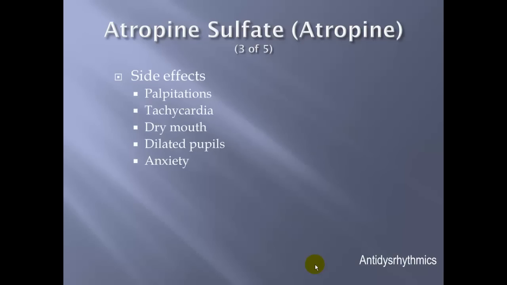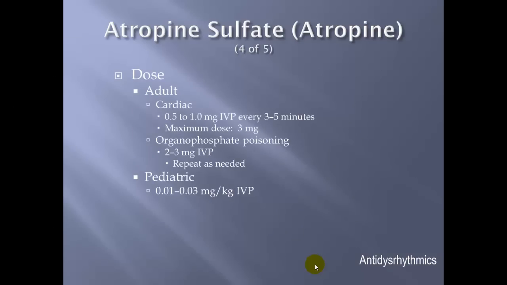Side effects: palpitation, tachycardia, dry mouth, dilated pupils, and anxiety. Dose: cardiac dosing is going to be 0.5 to 1 milligram IV push every 3 to 5 minutes. We can also use this for sinus bradycardias. Maximum dose of 3 milligrams.